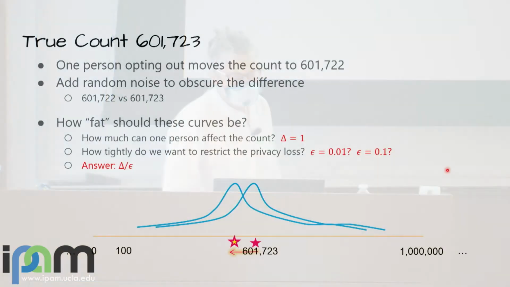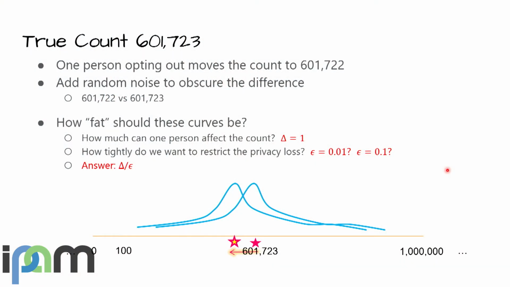So how tightly we want to restrict is captured by the value of epsilon. And the answer to the fatness of the curves is more or less the sensitivity of the function divided by epsilon.